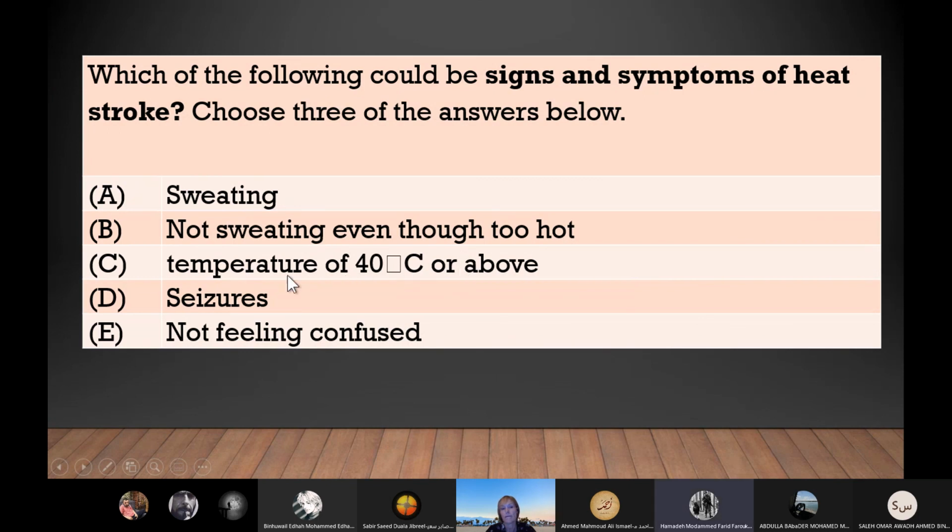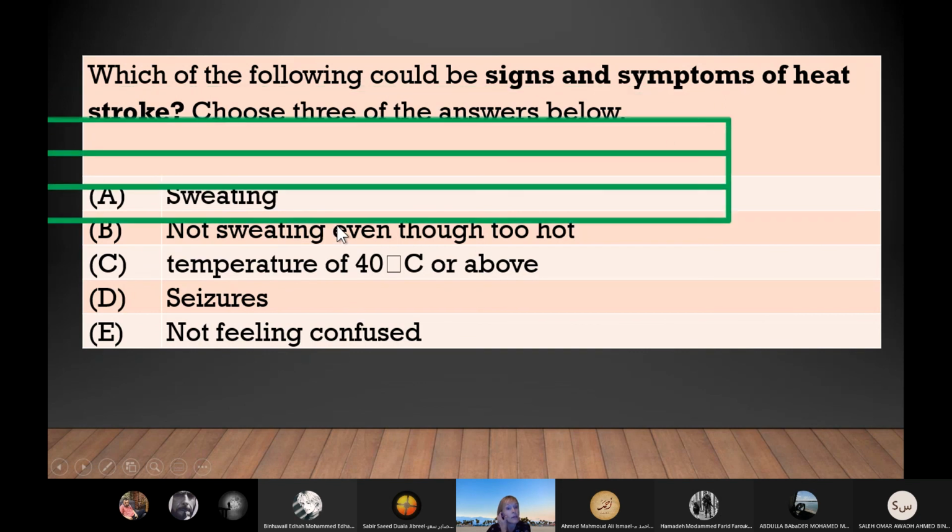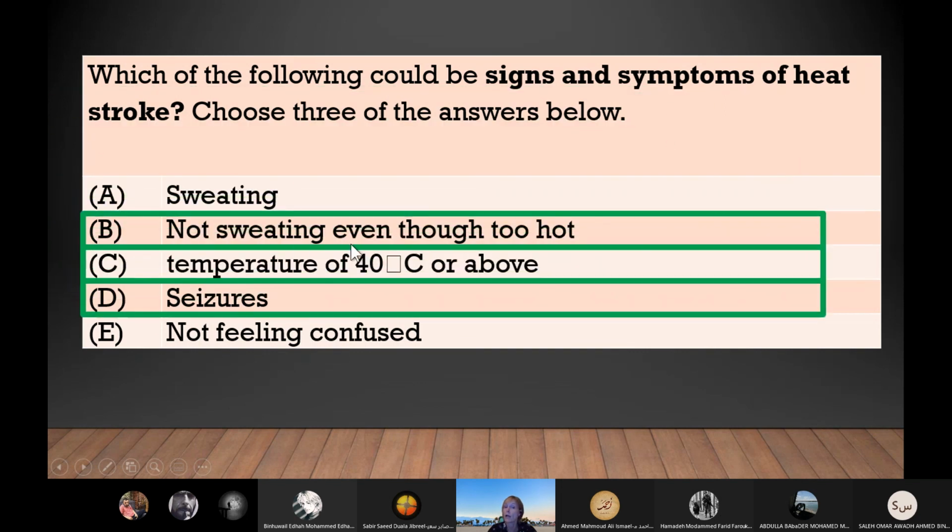Not sweating. That's right. So if you have heat stroke, you're not going to be sweating. Only if you're heat exhausted would you be sweating, or if you're dehydrated, you might be sweating. But if you have heat stroke, you don't have enough body fluid to actually sweat anymore. So you're above 40 and you possibly could get seizures.